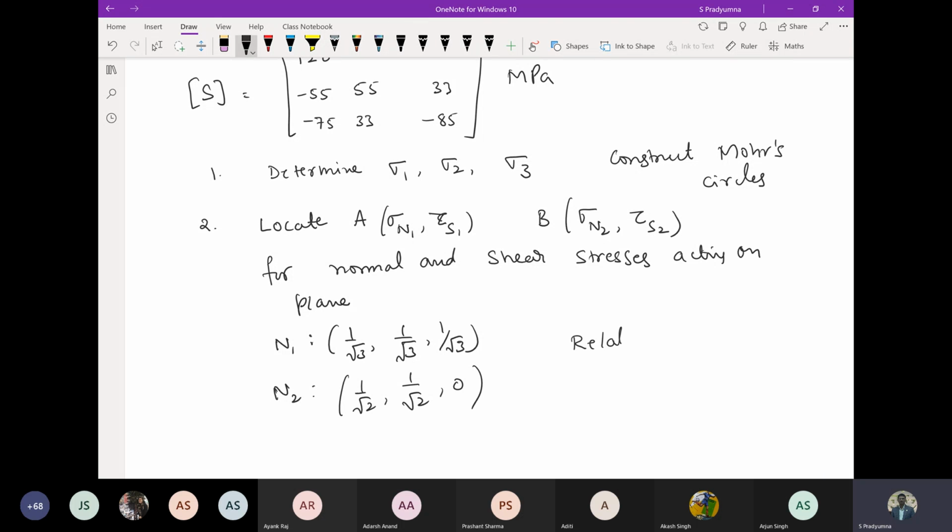These are all relative to the principal axis.